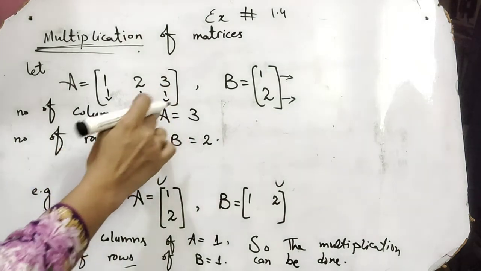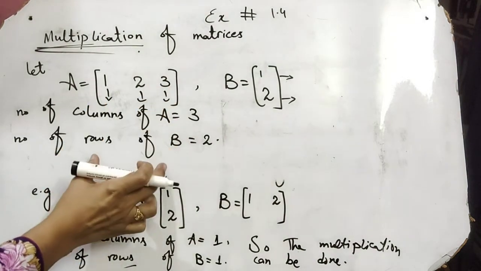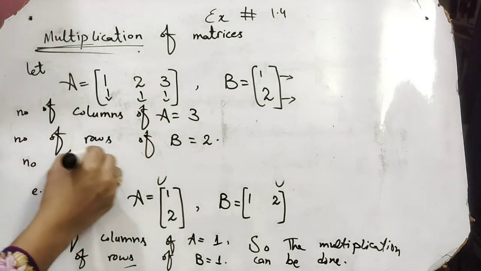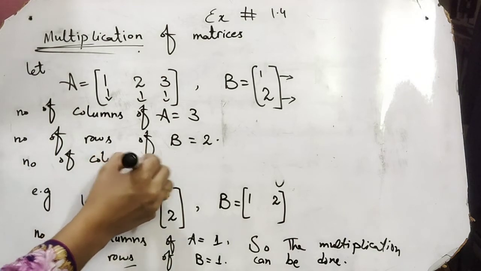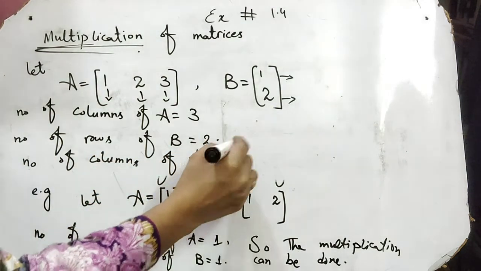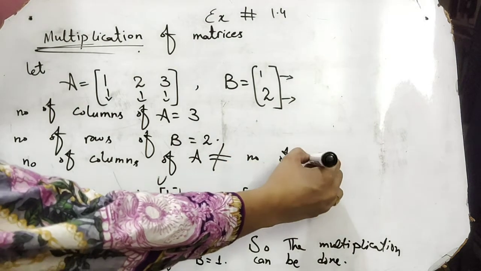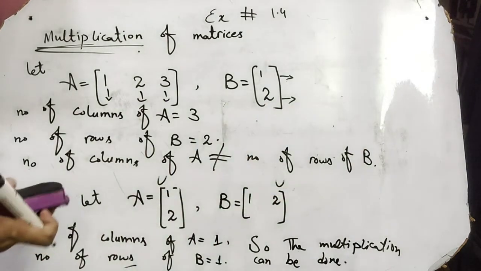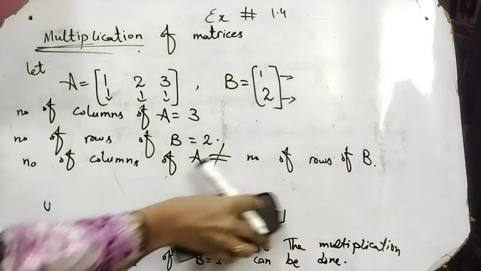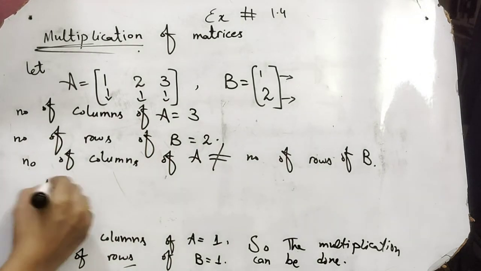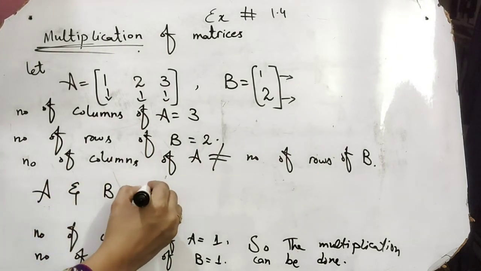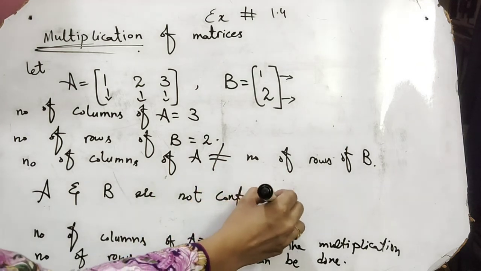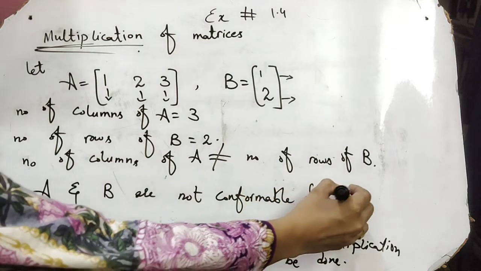So the number of columns of matrix A is not equal to the number of rows of B. So we can say that A and B are not conformable for multiplication.